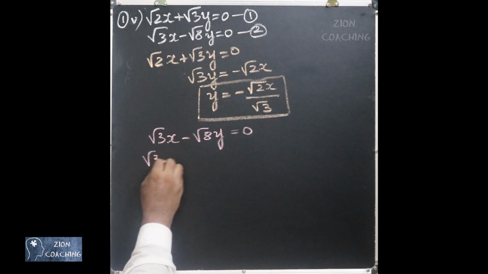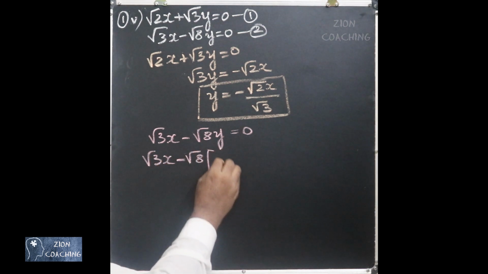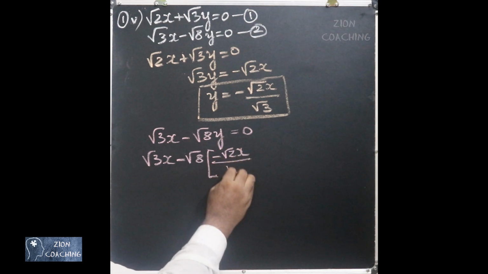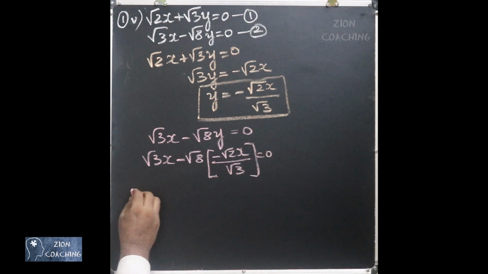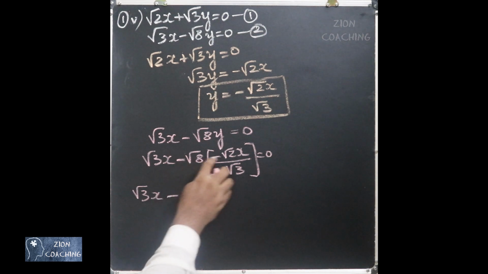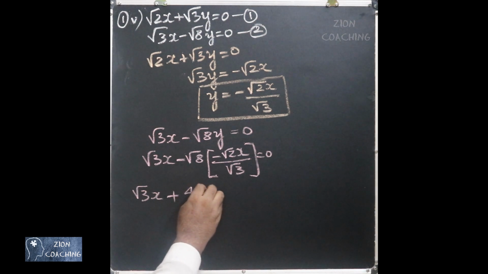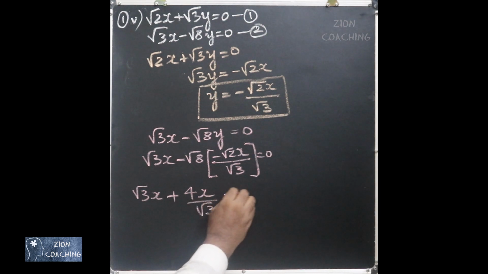So root 3x minus root 8 into minus root 2x by root 3 equal to 0. So we will have root 3x, minus into minus will become plus. Root 8 into root 2 is root 16, which is nothing but 4x, because root of 16 is 4, divided by root 3 equal to 0.